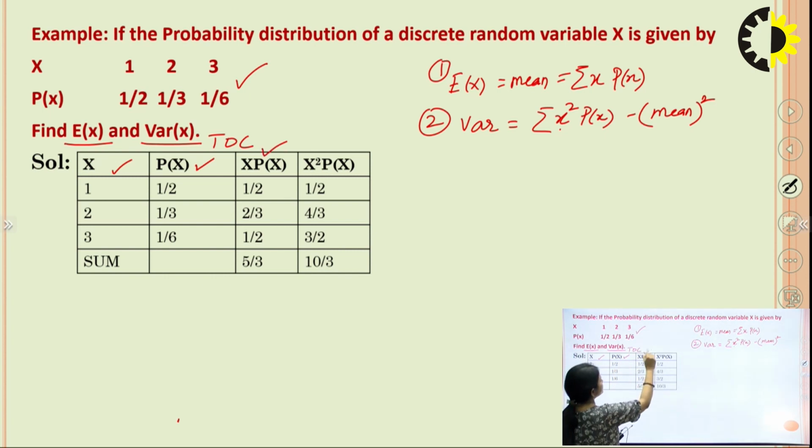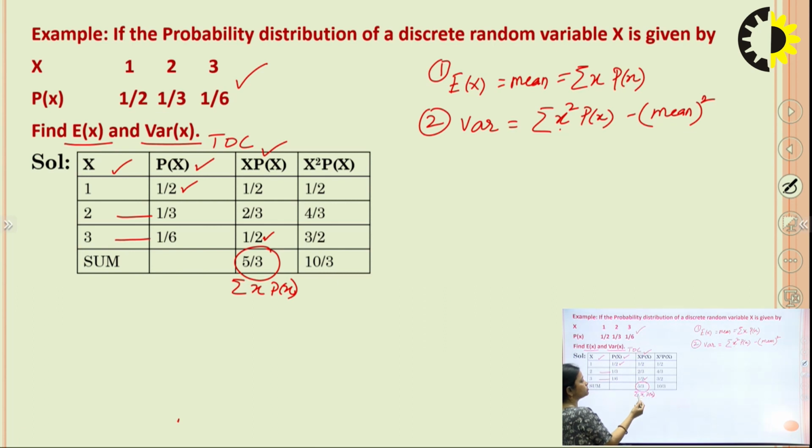Now we need x into px, which is obtained by multiplying the corresponding values of x and its probability. 1 into 1 by 2 is 1 by 2. 2 into 1 by 3 is 2 by 3. 3 into 1 by 6 is 1 by 2. Now just find the sum.